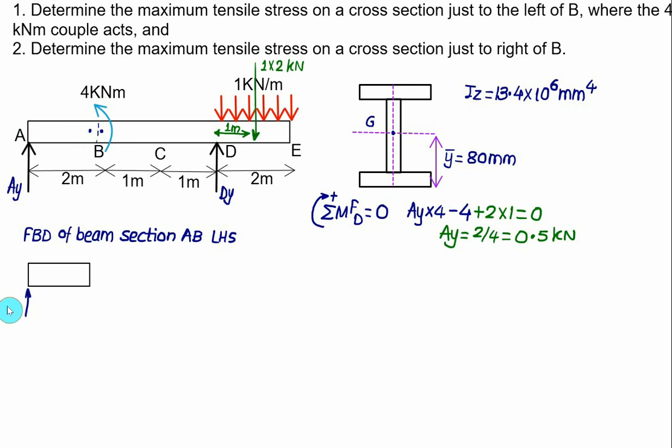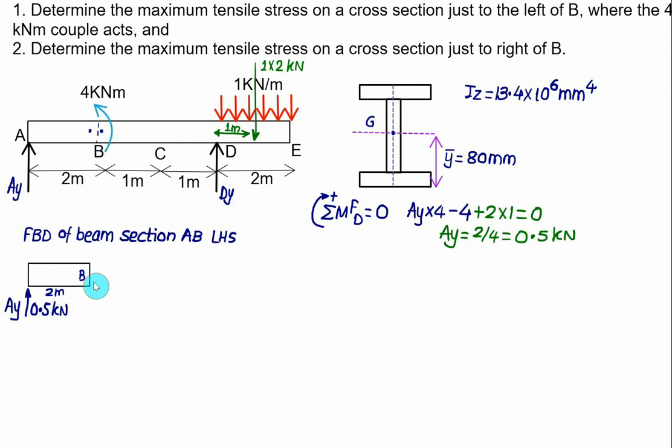This reaction is AY, and the value of AY comes out to be 0.5 kilonewton. The length of this beam is 2 meter, and we are slightly on the left-hand side of B, so this is the same as our point B, but we will not show the couple acting at point B. The couple is acting on the right-hand side.